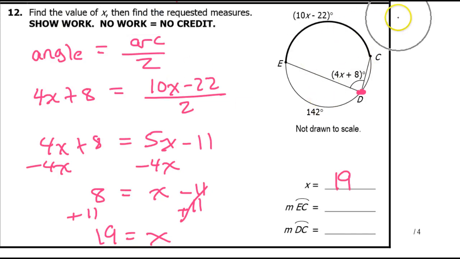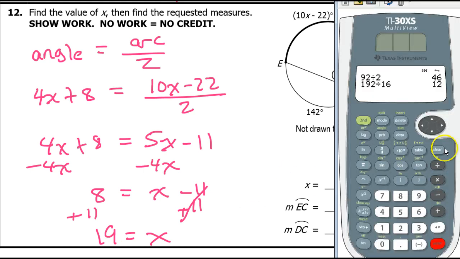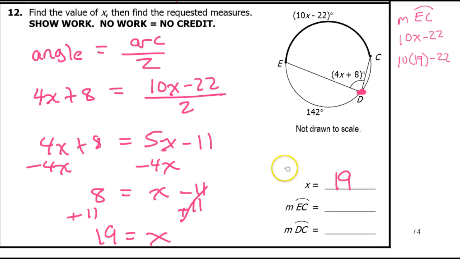So the measure of arc EC, which I'll put over here, we know that to be 10x minus 22. Now we know that x is 19, so that makes it 10 times 19 minus 22, which is 168.